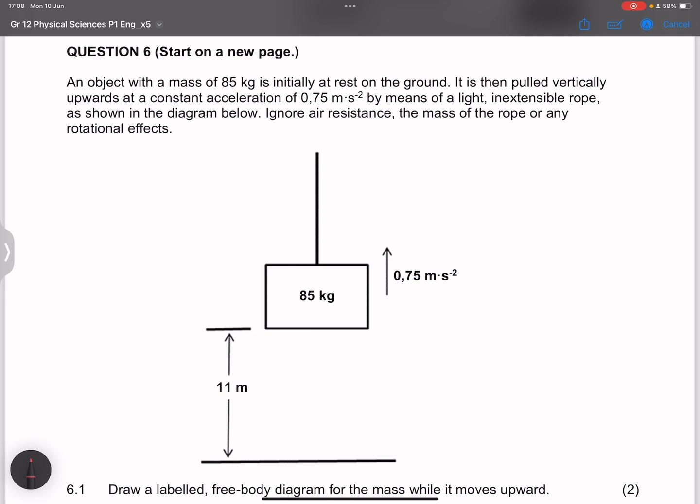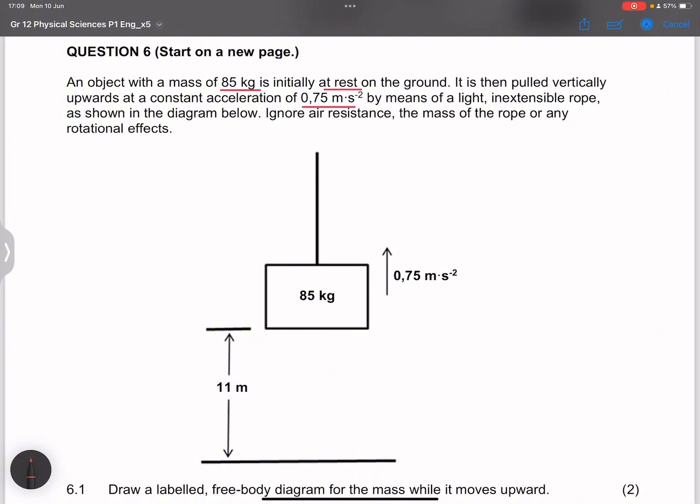They say an object with a mass of 85 kilograms is initially at rest on the ground. It is then pulled vertically upwards at a constant acceleration of 0.75 meters per second squared. Right, so all of those things I would actually highlight.